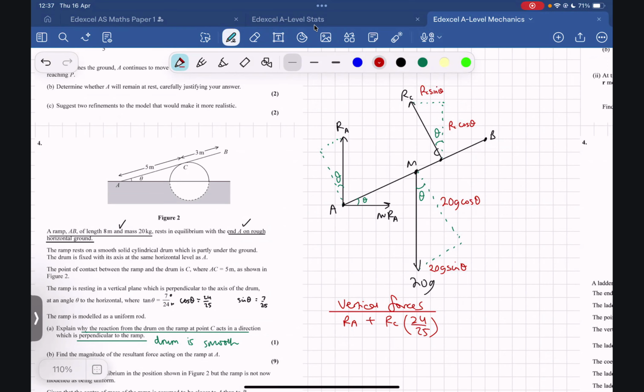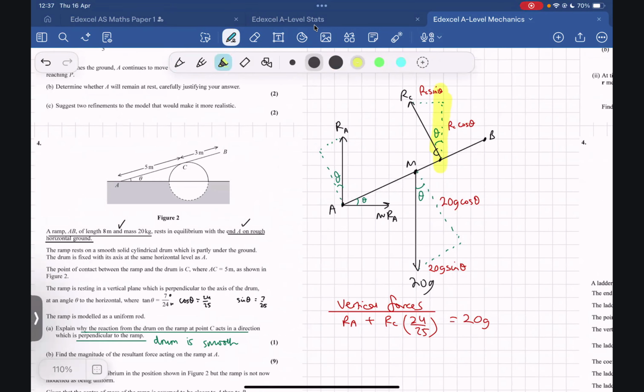Going down, I have 20g. I'm trying to understand why it is RC cos theta. It's pointing directly up, not diagonal. Okay. Is equal to 20g. Yeah, okay, I agree.